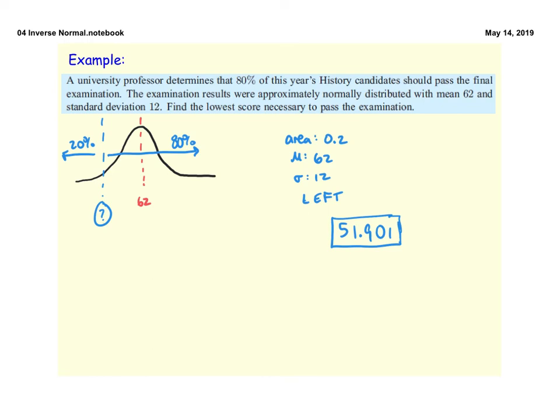If you were to stay with 51, then you're to the left of this question mark, right? And if you had 52, you would be to the right of it. Obviously, it looks like we're rounding here. But what I'm trying to say is that our score would really need to be better safe than sorry. So we would say 52 or higher means that we would pass the exam.